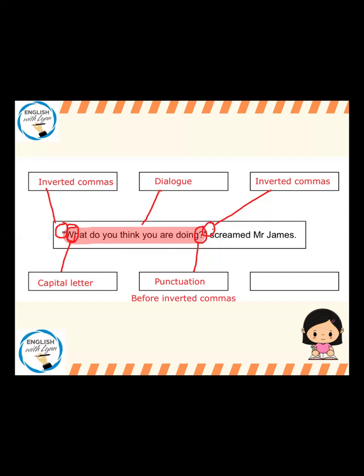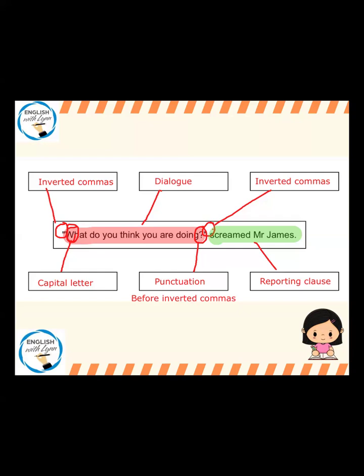And then the last bit is screamed Mr. James. And that part there is something called our reporting clause. It's the bit that tells us who is speaking. So that is really important, because if I don't say Mr. James, I won't know who is doing the screaming.